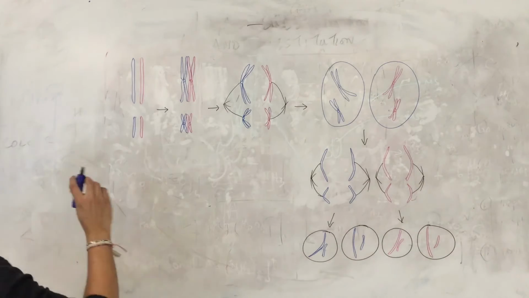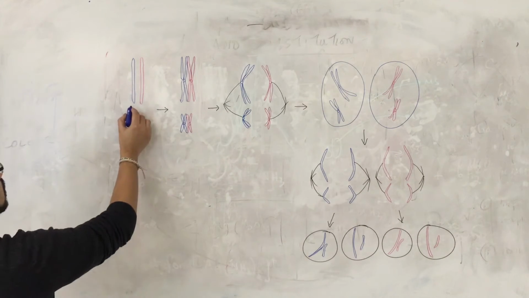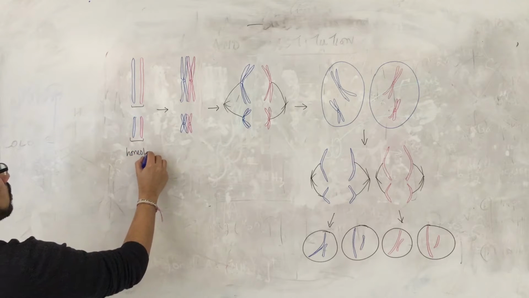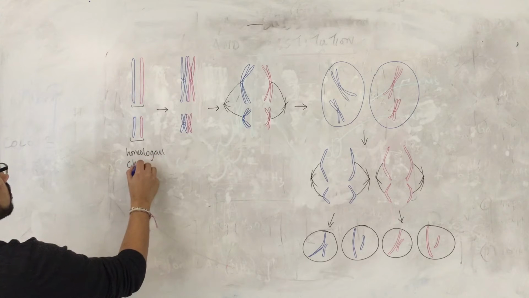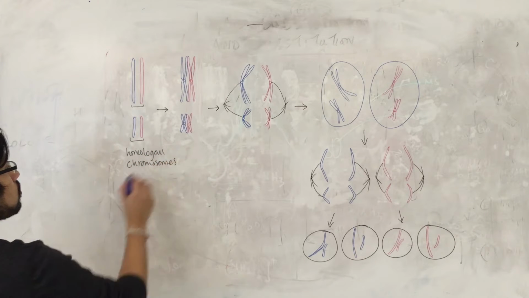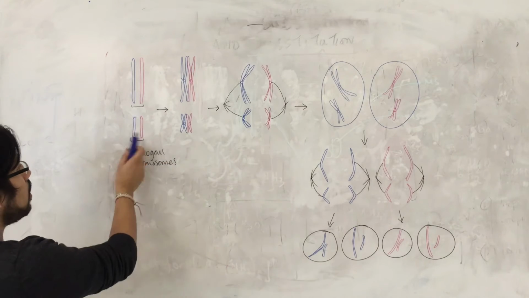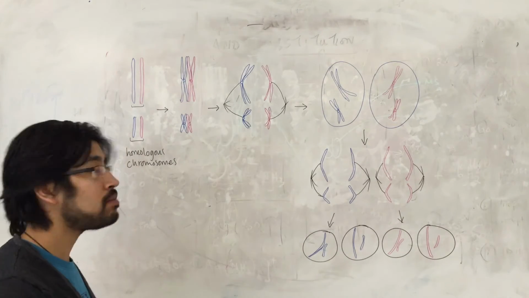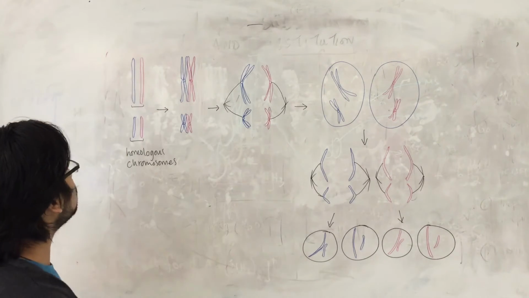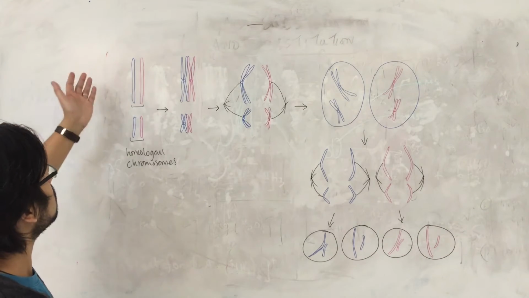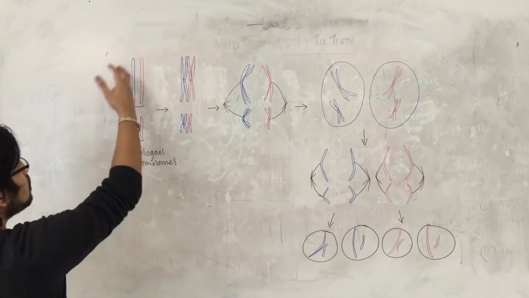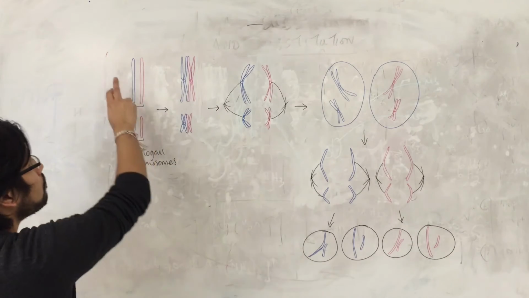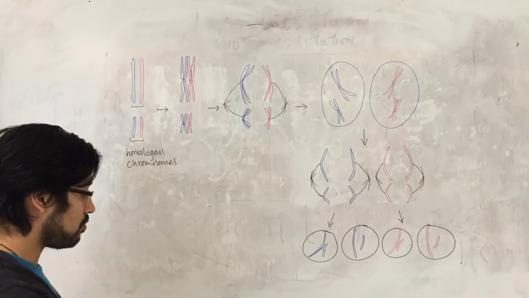So let's just get our bearings. What we're talking about here is homologous pairs of chromosomes. Homologous chromosomes are two sections of DNA, one that you got from your father, one that you got from the mother, and they have the same genes on them, but possibly different alleles of those genes.